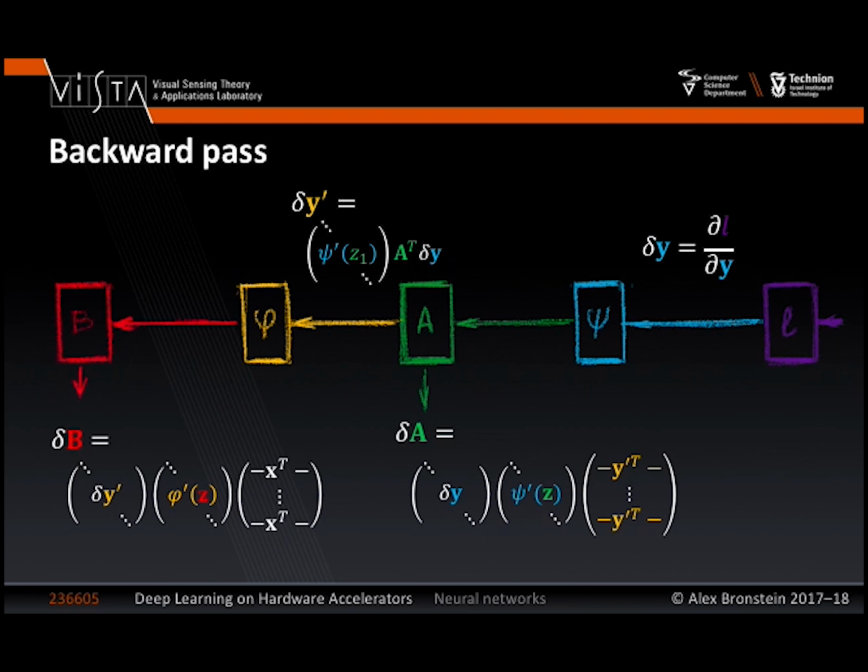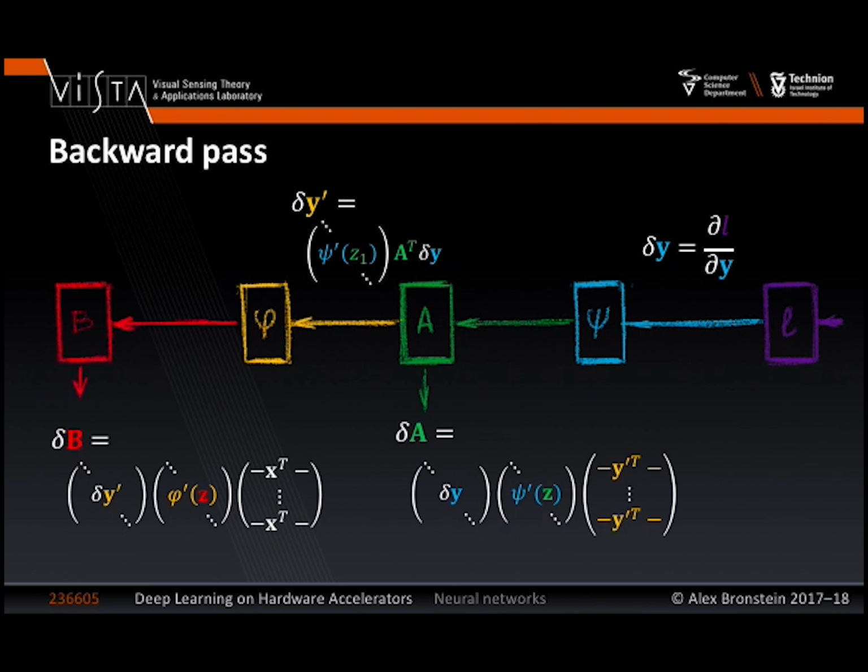Okay? Then we compute delta y prime, which is the derivative of the loss with respect to the output of the first layer, basically the preceding layer. Now we can forget about what happened here. Okay? And now we again do the same computation. Given my derivative of the loss with respect to the output of this layer, what is the derivative of the loss with respect to the parameter B of that layer?